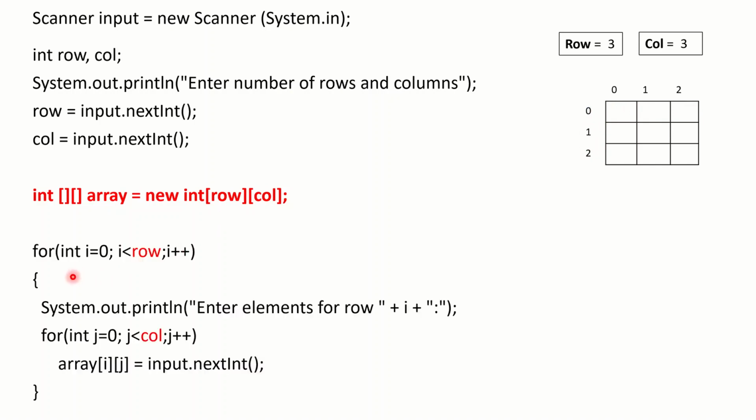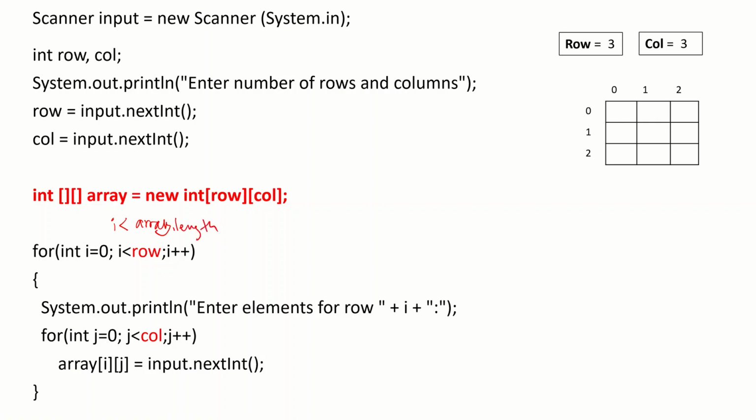Now the next step is to fill your array with data. As we did in a previous session, reading the data always requires a nested loop, for each row and for each column. So here we say for integer i equals 0, i less than row, i plus plus. In the previous sessions, the way we used to do arrays, we said i is less than the name of my array dot length.